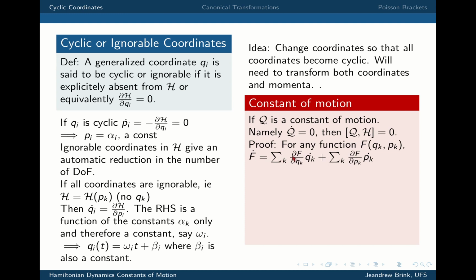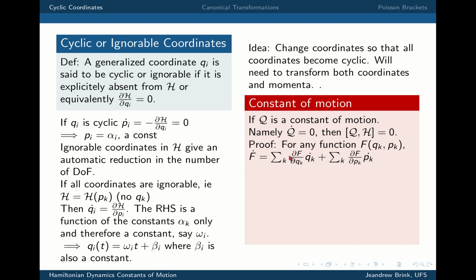You take df dq times q dot, and you do this for all possible q variables, plus df dp times p dot, summing over all possible momenta.